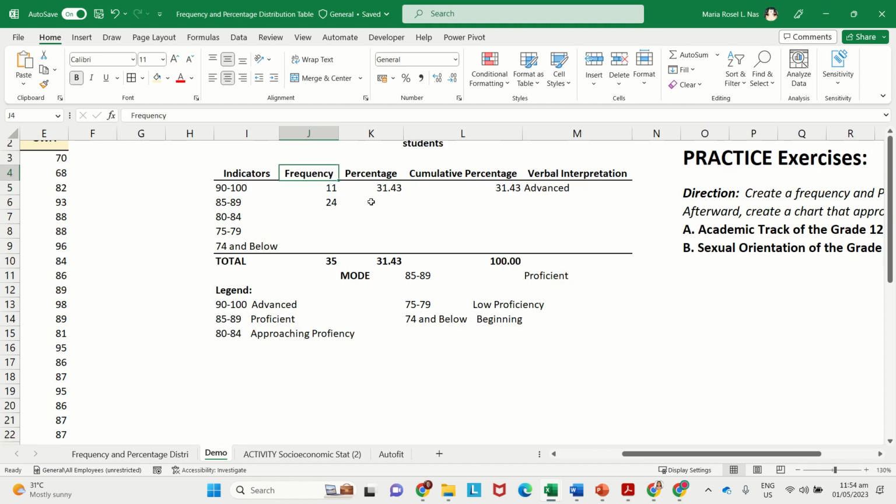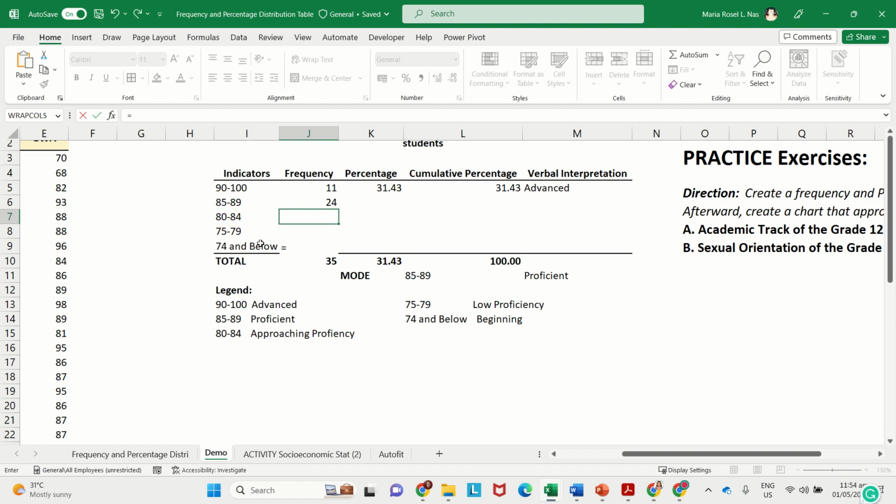So you just need to do the same to the other indicators. For example here, 84 to 80, so just need to again copy.